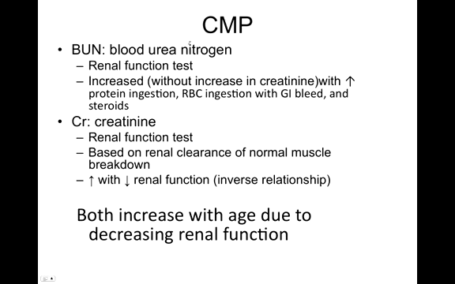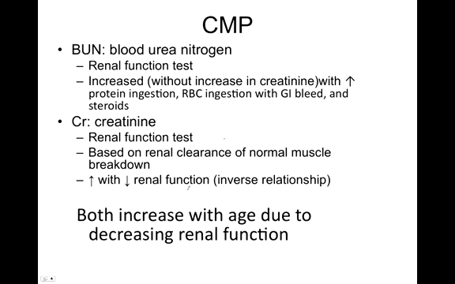BUN, blood urea nitrogen, we mentioned that earlier. It's a renal function test. It can increase without an increase in creatinine, with increased protein digestion, red blood cell ingestion with a GI bleed, and steroids. The creatinine is another renal function test that's based on the renal clearance of normal muscle breakdown.